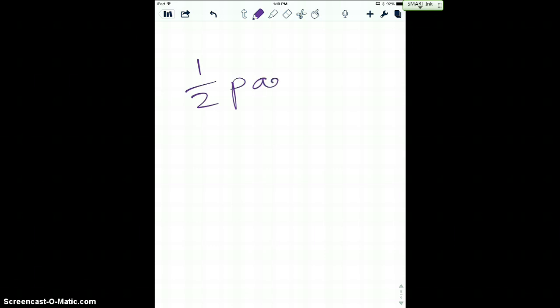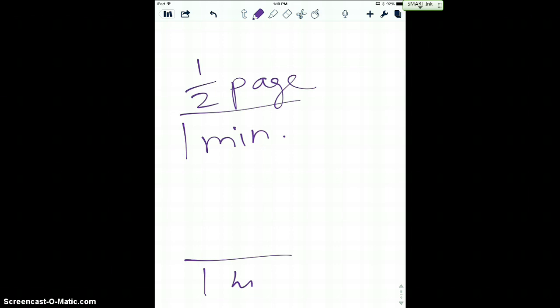Half of a page per minute, per 1 minute, and we need to get to 1 hour. So now, how am I going to convert this into 1 hour? Well, how do I change 1 minute into 1 hour? I'm going from a smaller unit to a bigger unit, right? So I'm going to multiply by 60. Minute into hours.